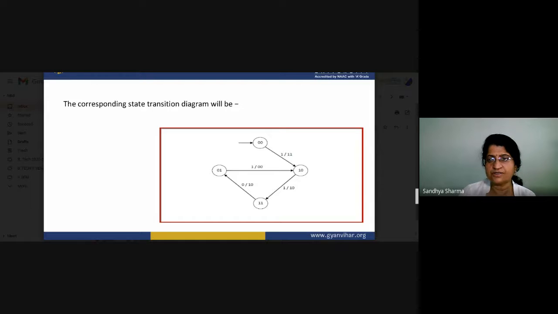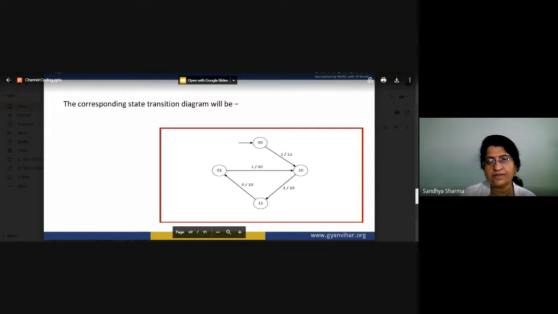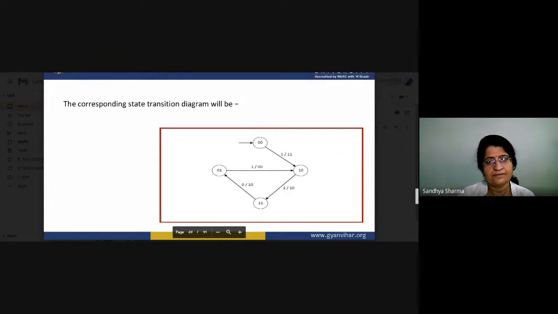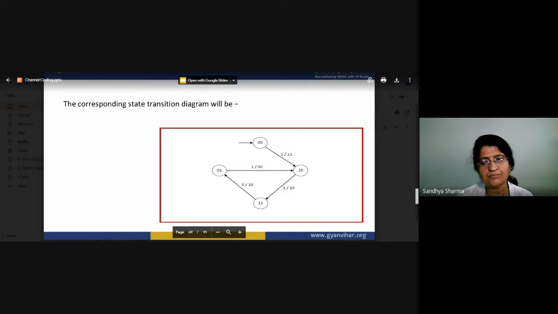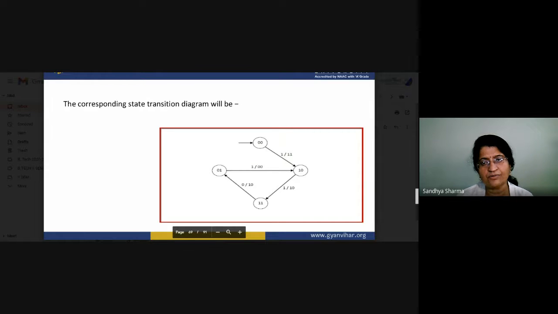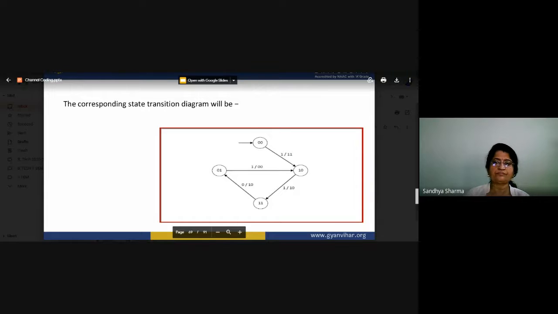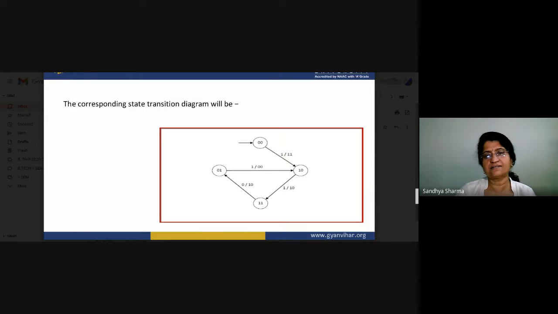When you are in this position, there are two paths. You can again enter the second bit and calculate the output, and after calculating the output, you have to move to the particular state. That state will be 1 1. And after again entering the 0, you will go to the 0 1 state.